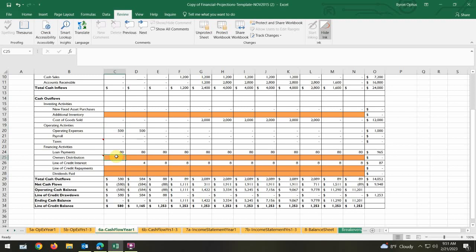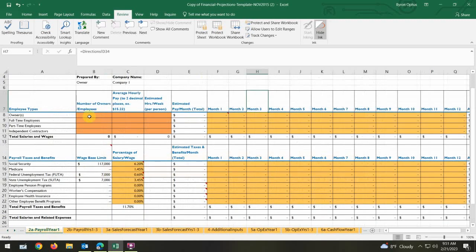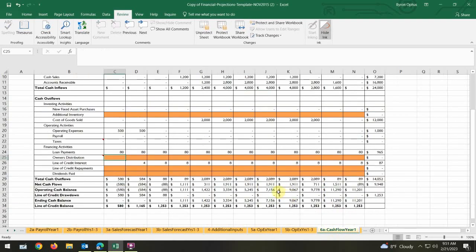This is where you pay yourself. This is why I told you back on the payroll, you don't pay yourself anything there, because this is where you pay yourself. Remember, in virtually any entity except a C corporation, you're going to pay taxes on the full income, or get the benefit of the loss, for the full year's profit or loss for that company.